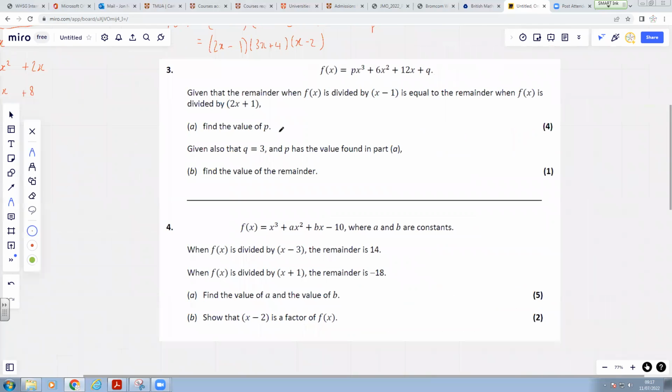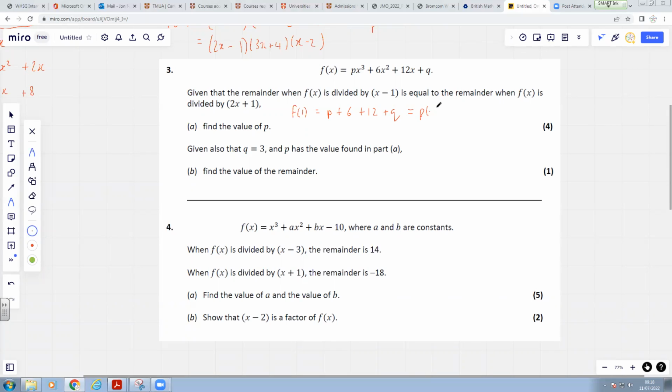Okay, very similar question, question 3 here. The remainder when it's divided by x minus 1 is equal to the remainder when f of x is divided by 2x plus 1. So what do we know here? We know that when we plug 1 in, we get p plus 6 plus 12 plus q equals, now that's just plugging in f of 1, and that remainder is equal to the remainder when you divide it by 2x plus 1, which means we need to plug in minus a half.